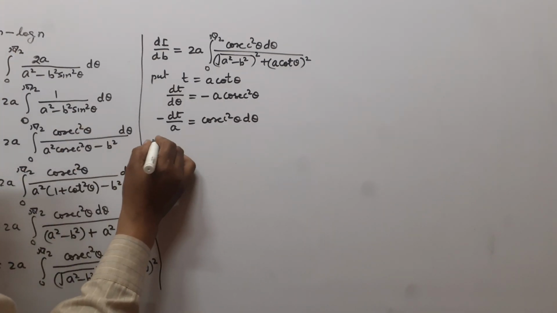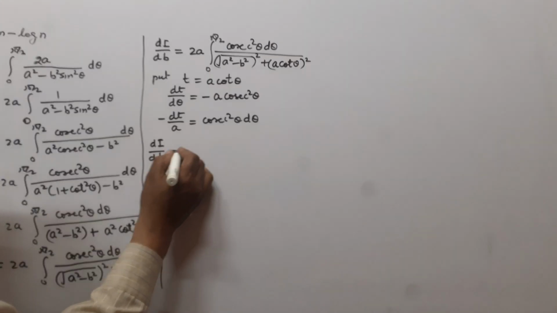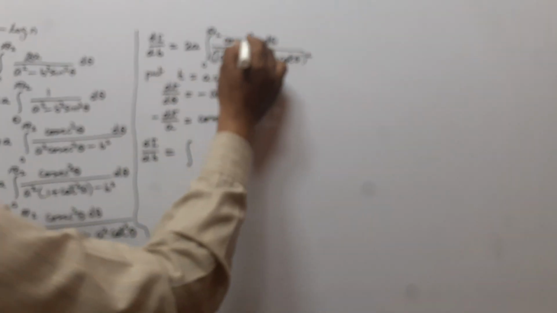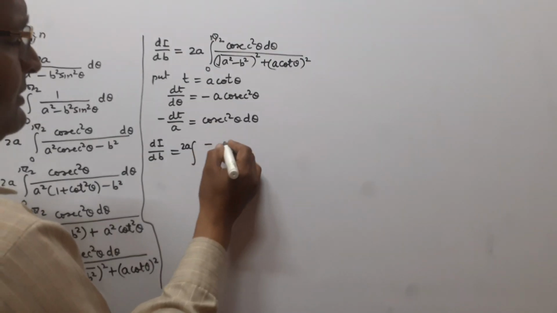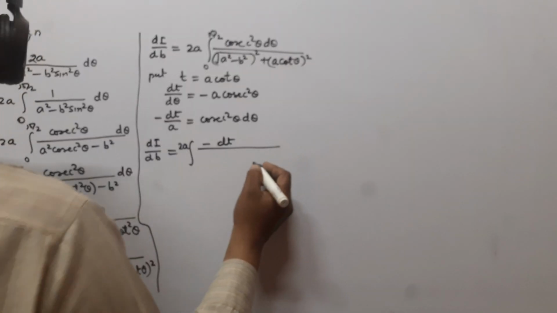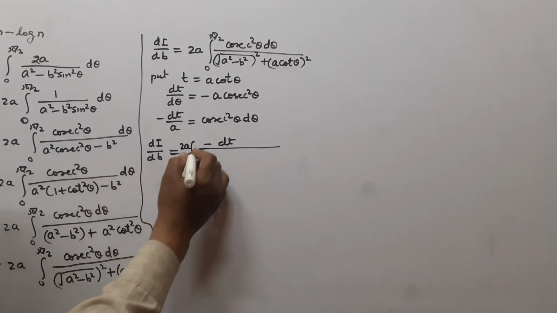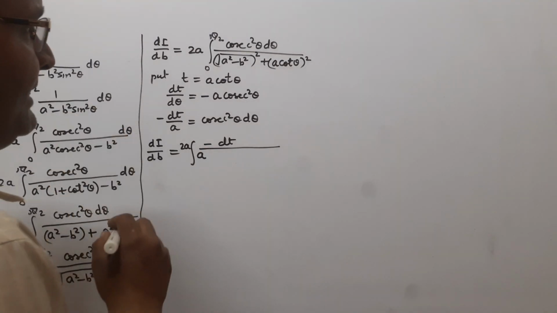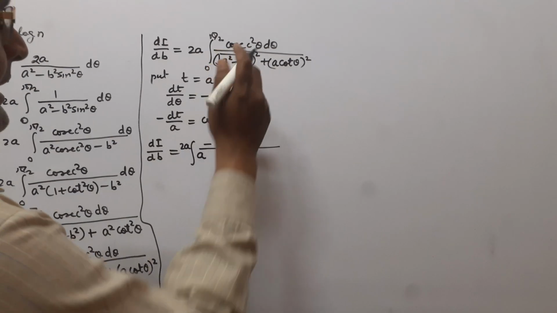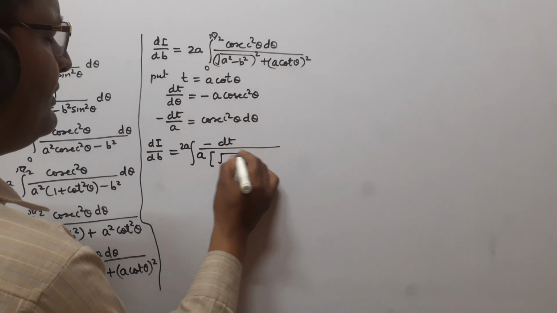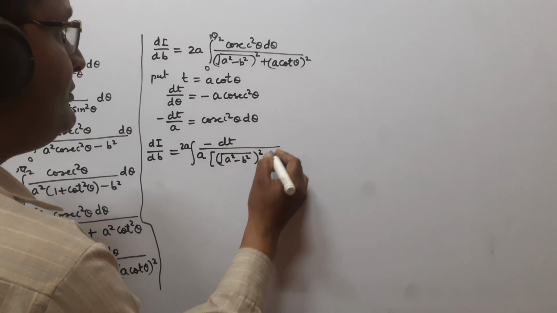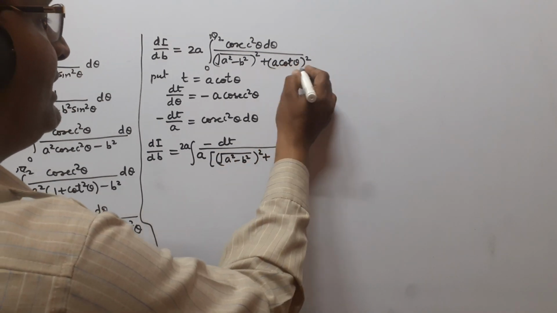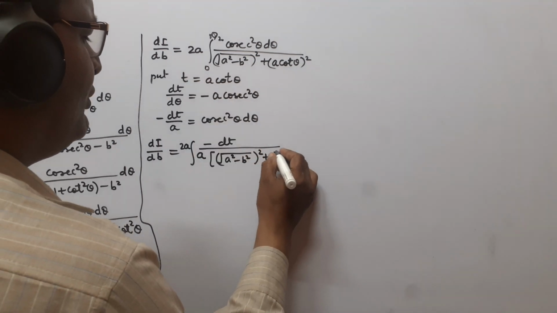In the above integral, in place of this cosec square theta d theta, we write here minus dt by a, and here this under root a square minus b square whole square plus, in case of a cot theta we put here t.